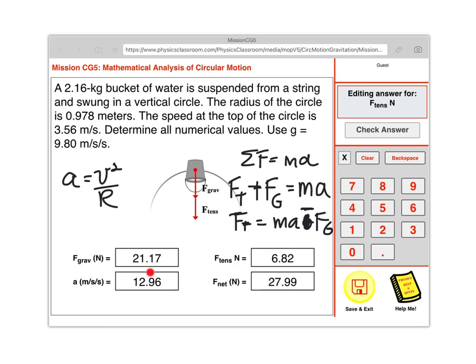So multiply the acceleration by the mass and you get the net force. But now to get the force of tension, you subtract the force of gravity, right? Because gravity and tension are both down, so gravity plus tension has to equal the net force. Make sure you understand that. Okay, let's check the numbers.